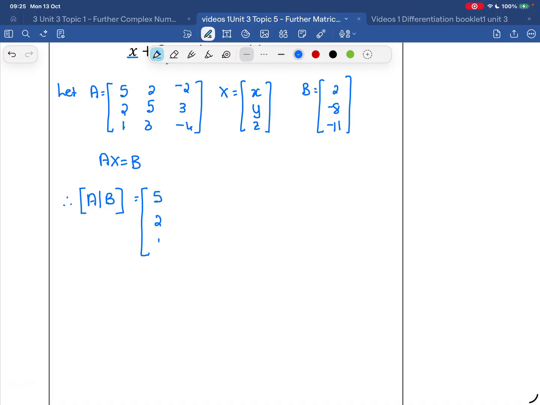So 5, 2, 1, 2, 5, 3, -2, 3, -4, and the dividing line to 2, -8 and -11.